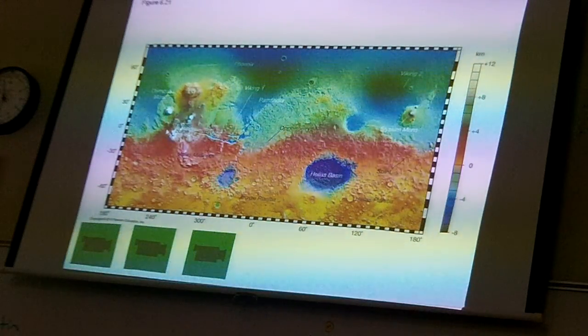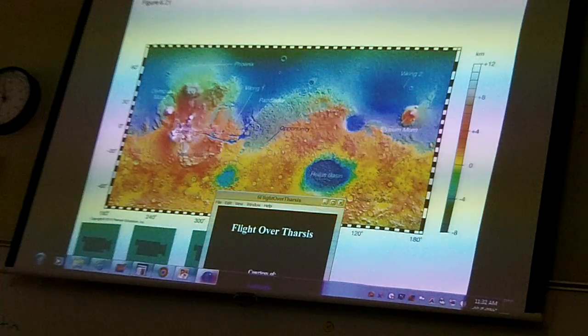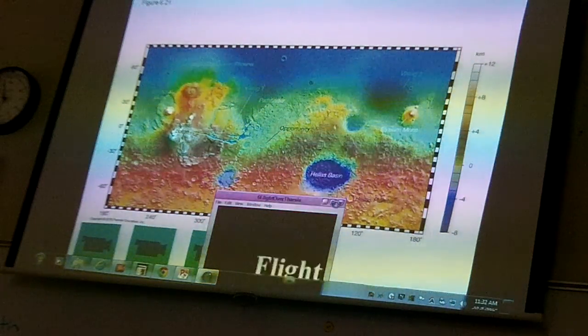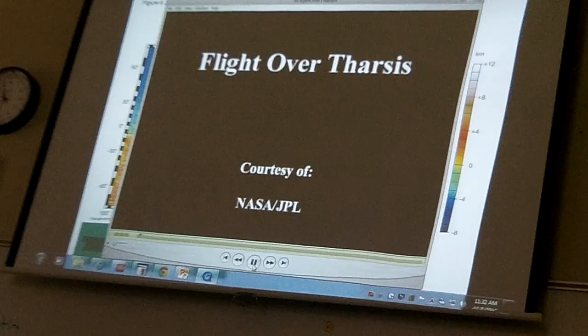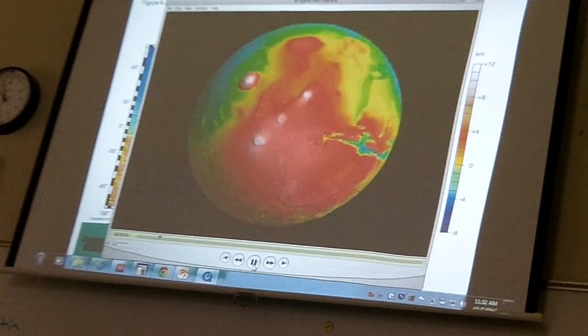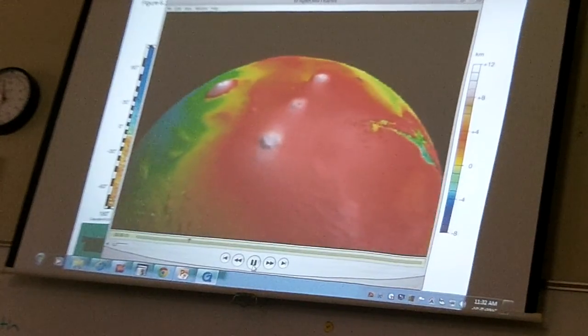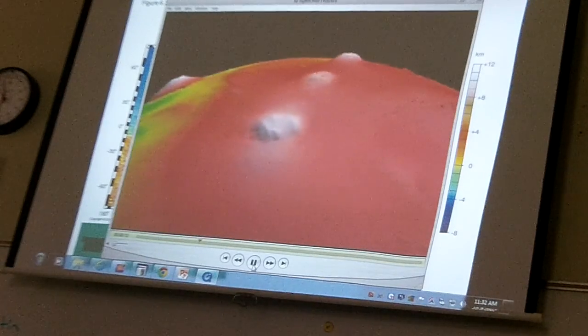This is a flight over the Tharsis Bulge. There's the big Tharsis Bulge right there. Oh, this is lame. Maybe they'll go in closer.